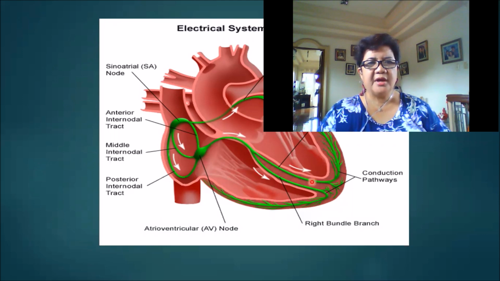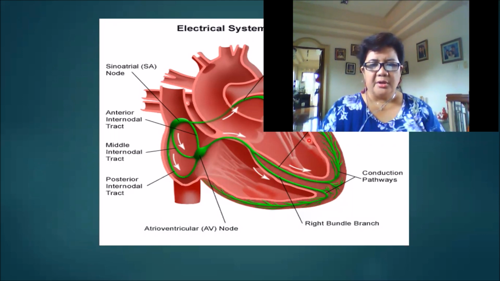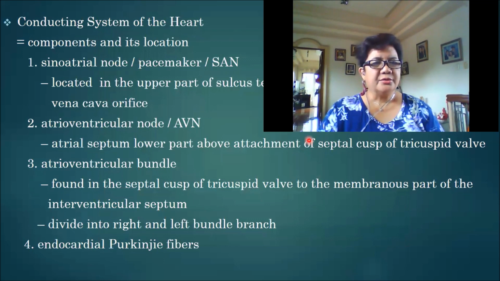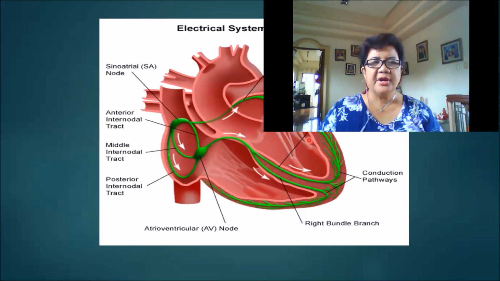This is now your so-called Purkinje fiber. So this is your endocardial Purkinje fibers. It will be spread throughout the ventricle so that there will be enough signal for its contraction.